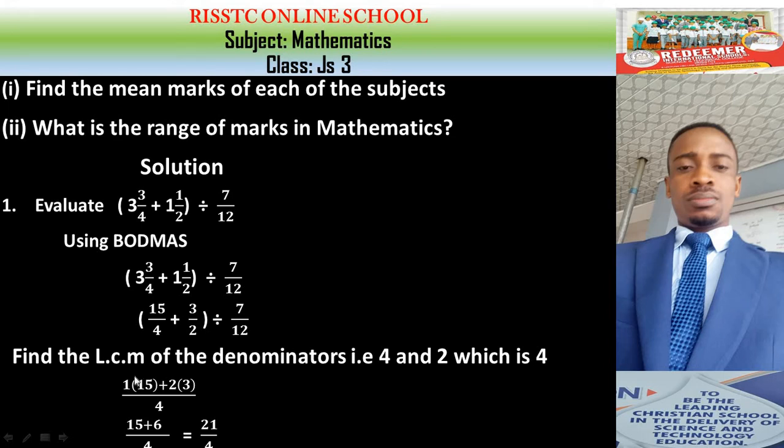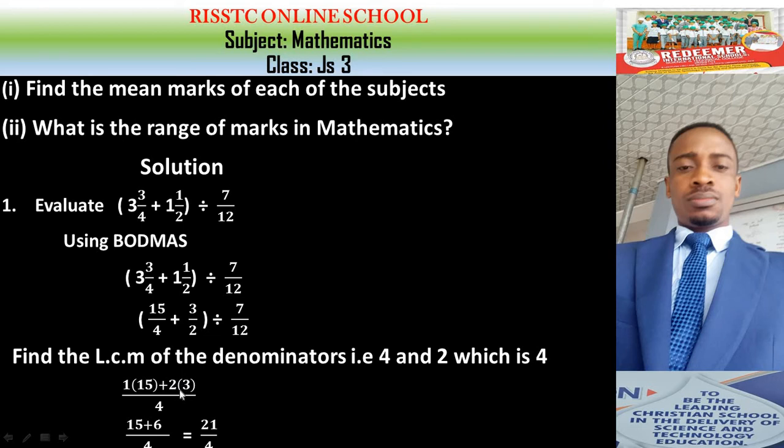Now open a bracket. What you have at the numerator of 4, which is 15, comes inside the bracket. Close the bracket. Plus our sign, plus. Now the second denominator we have is 2. You also ask yourself, how many 2s can I find in 4, which is my LCM, and that is 2. You can see the 2 is written here.